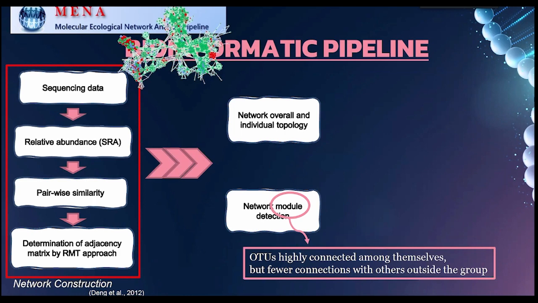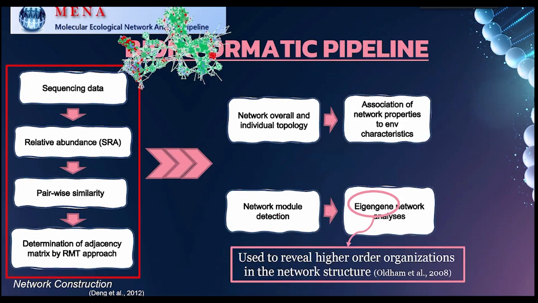When you have your network, you can, for example, study the topological roles, the characteristics of the network. You can also detect, for example, different groups of microorganisms. Maybe you can study, for example, the effect of your soil environment on your community, or maybe you can deepen into the modulation.